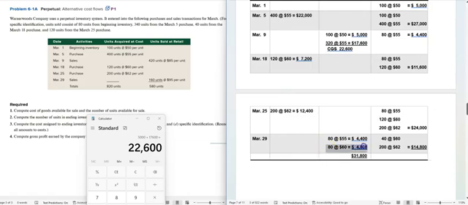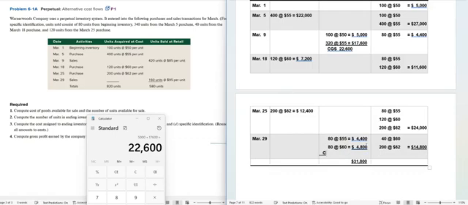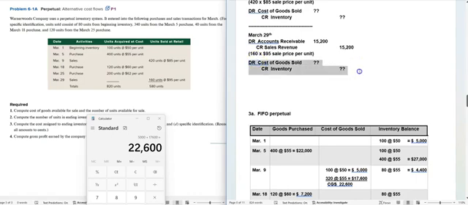I will assign a cost of 60 to the other 80. That will bring my cost of goods sold for this sale to $9,200. That is the amount that I will record into my cost of goods sold entry.